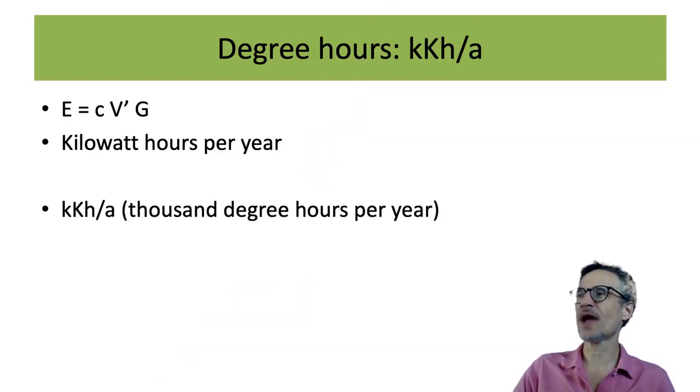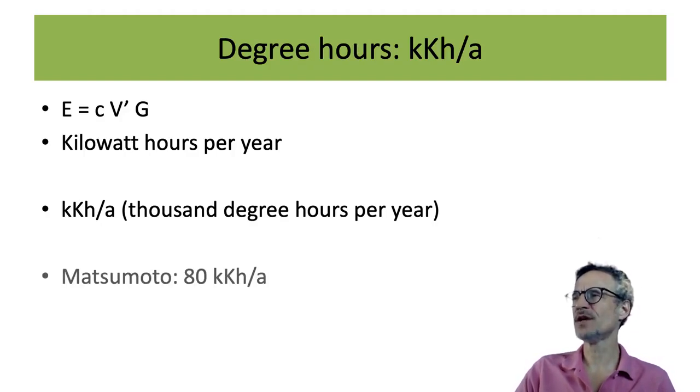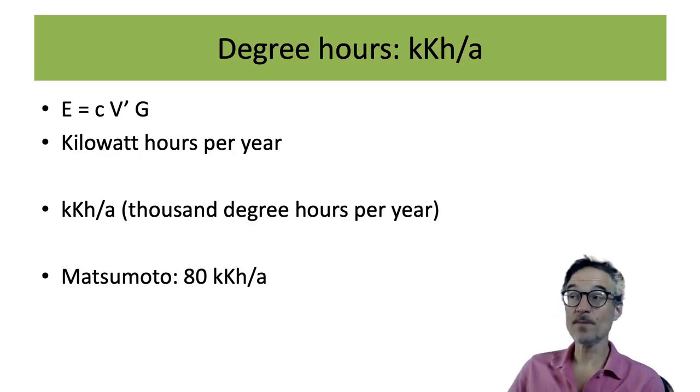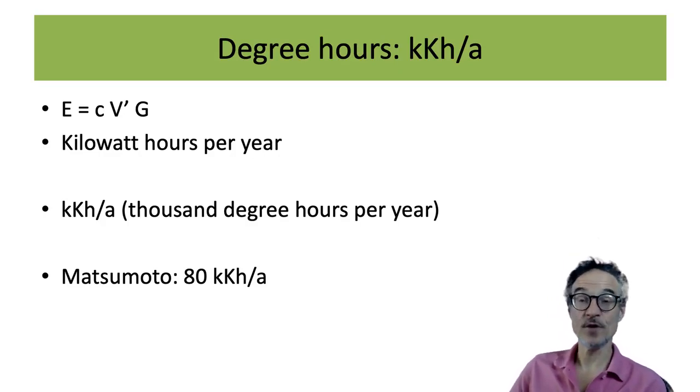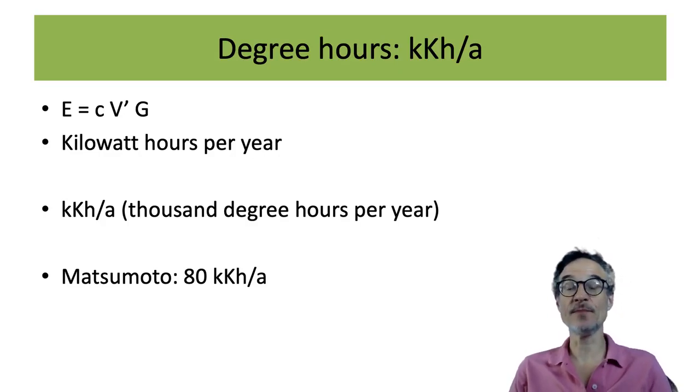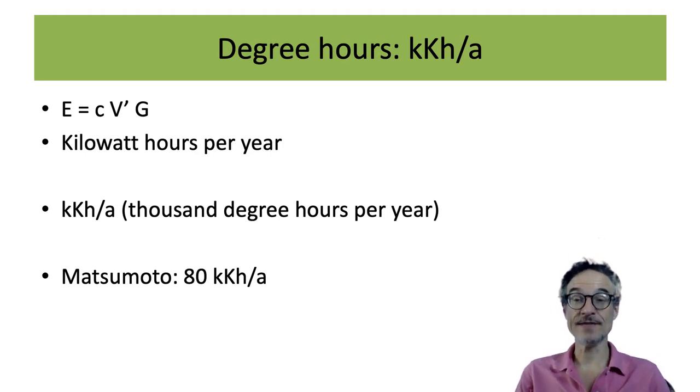Kilokelvin hours per year is 1,000 degree hours per year. Matsumoto, for example, is about 80. To heat a building in Matsumoto for a year will take about 80 kilokelvin hours.